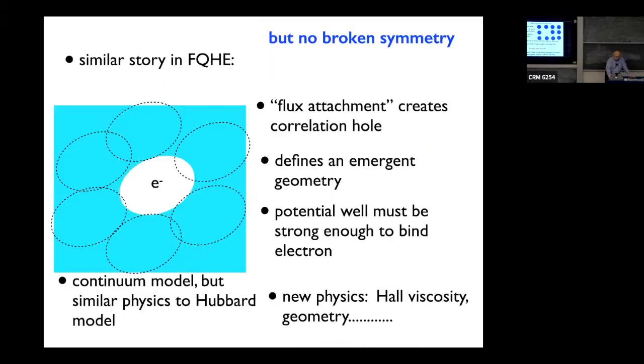Okay, so that's a similar story here. The physical nature of flux attachment is the creation of a correlation hole, and the energy-minimizing shape of that defines an emergent geometry.